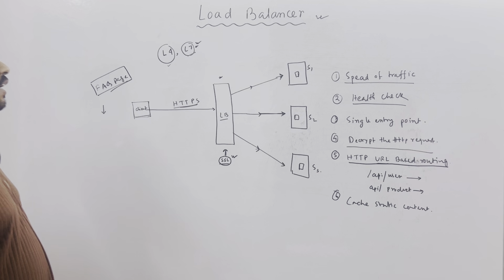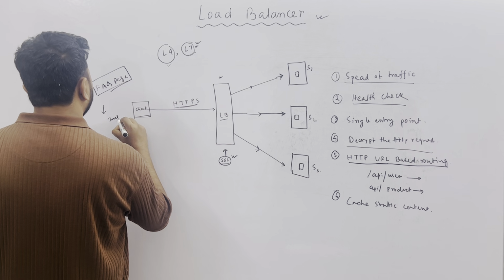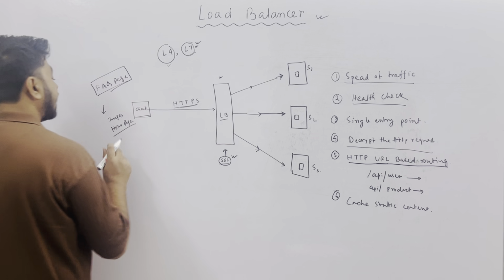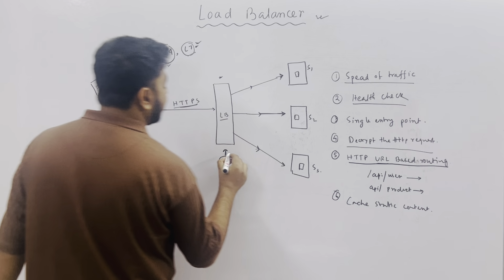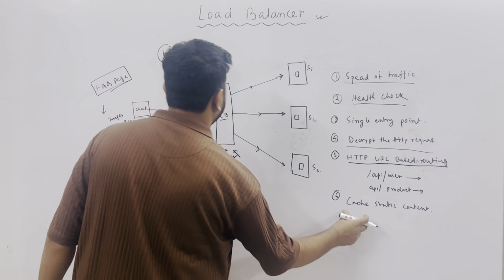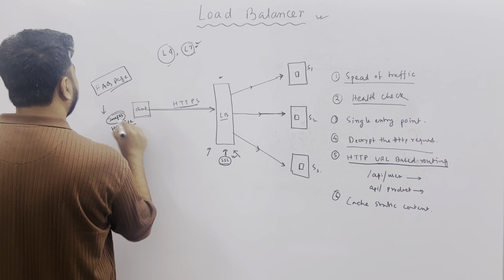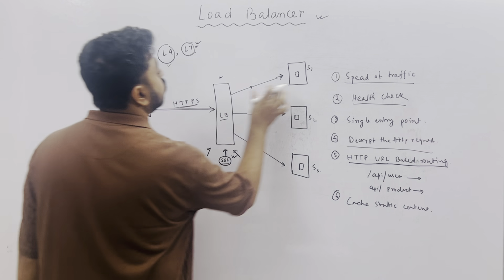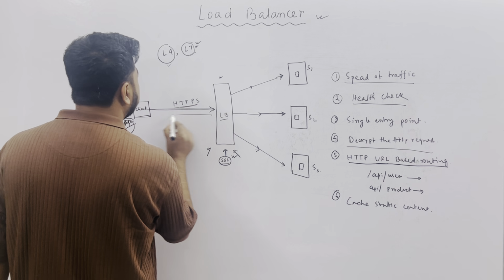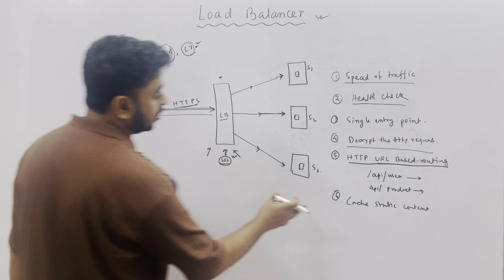So this type of static content, or any images, or a static home page, the load balancer can cache. So whenever a new request comes to get this data, the load balancer doesn't go to the server, it can directly send the data back, right. So this is also an extra thing that can be done.